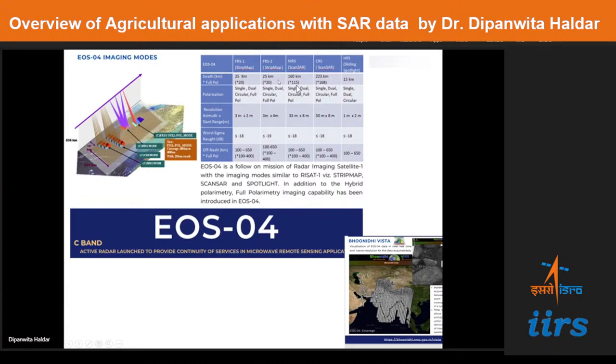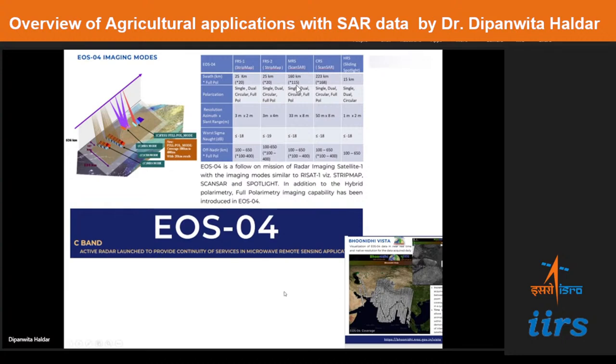Okay. This is our own site, NRSC's own site. If you visit, you will see the entire mosaic is available with this data set, the coverage of the US. So depending on your requirement, you can order at what incidence angle, at what polarization you need this data, it is available.